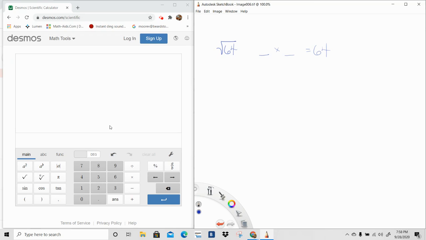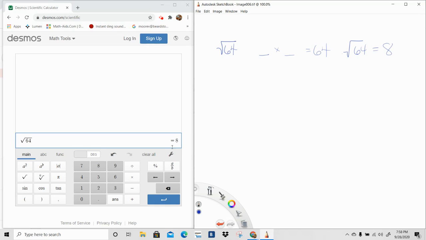So what you need to do is come over to our calculator on Desmos, and here you have the radical sign. You want to click that. And there it is right there. Well, we need to put a number under there, don't we? And we're going to type in 64, and it gives us the answer. So the square root of 64 equals 8.